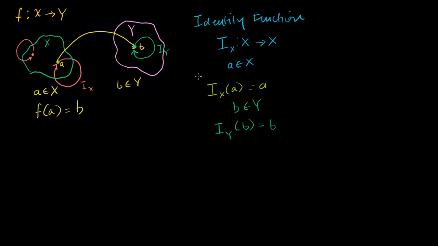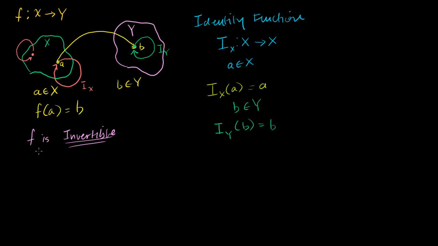But I'm going to make a new definition. I'm going to say that a function, let me pick a nice color, pink, or let me say f, since we already established it right over here. I'm going to say that f is invertible. Introducing some new terminology.